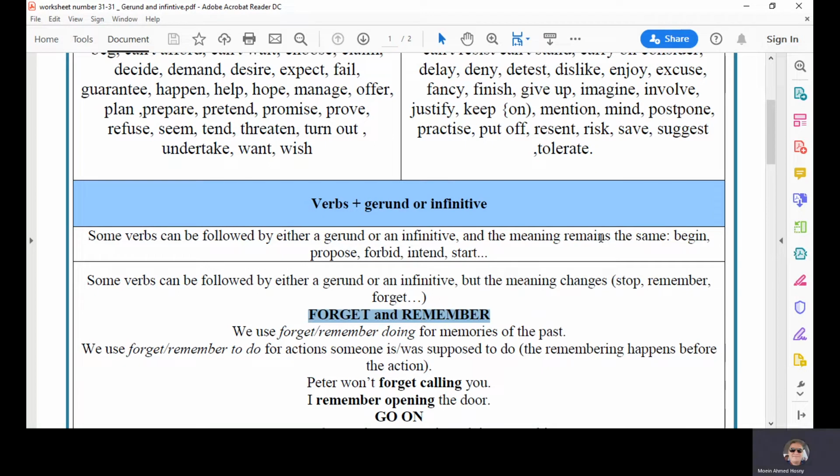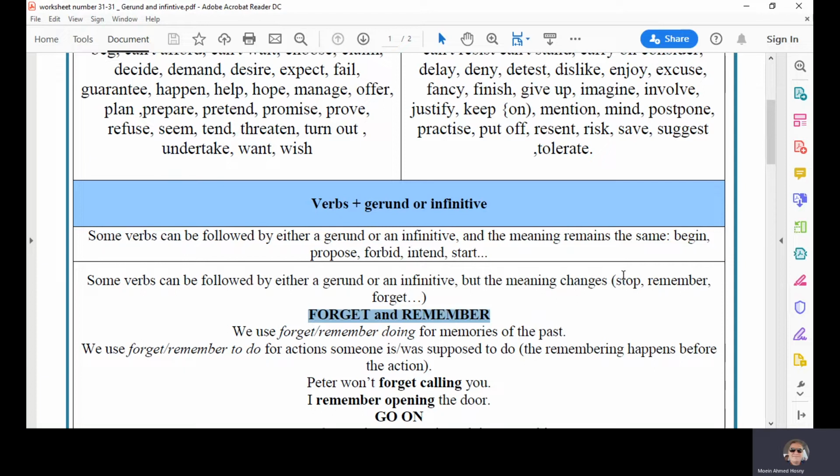Go on with ing means that the person continues the same action. So when I say he went on teaching, he was a teacher and he will continue as a teacher. Go on to teach means that he will change something to be another thing, to start a new action. Is it different? Of course, completely different.